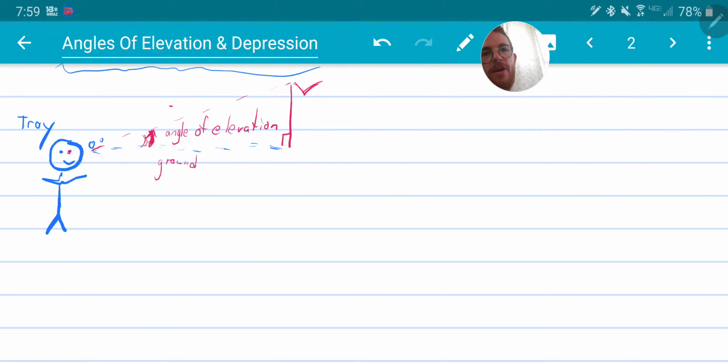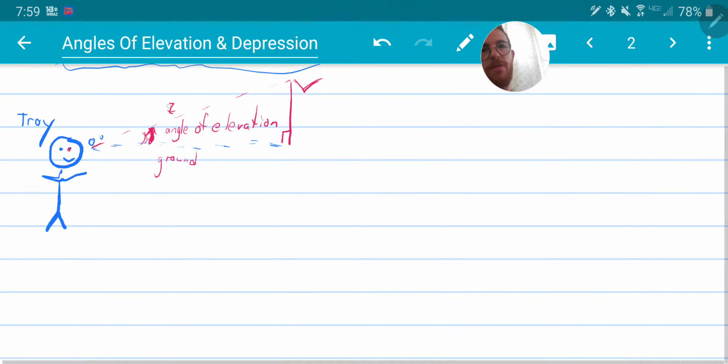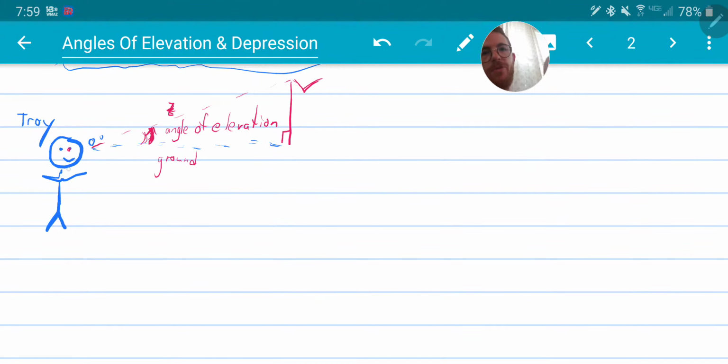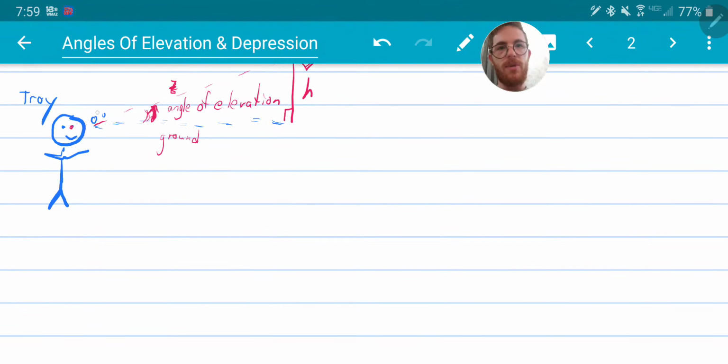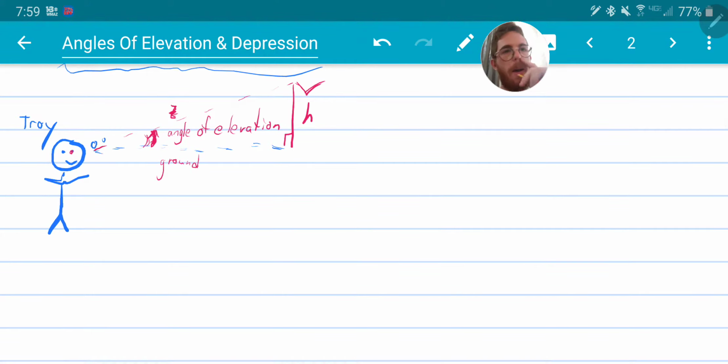I'll just label that Z. That is the distance from Troy's eye to the bird. And then there is some height right here, the height from Troy's eye to the bird. So there's a right triangle right here, and we have an angle of elevation. Hopefully that's kind of painting a picture for us.